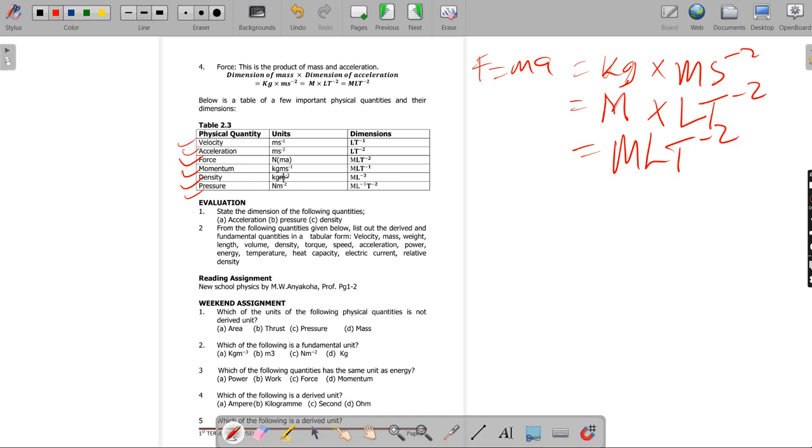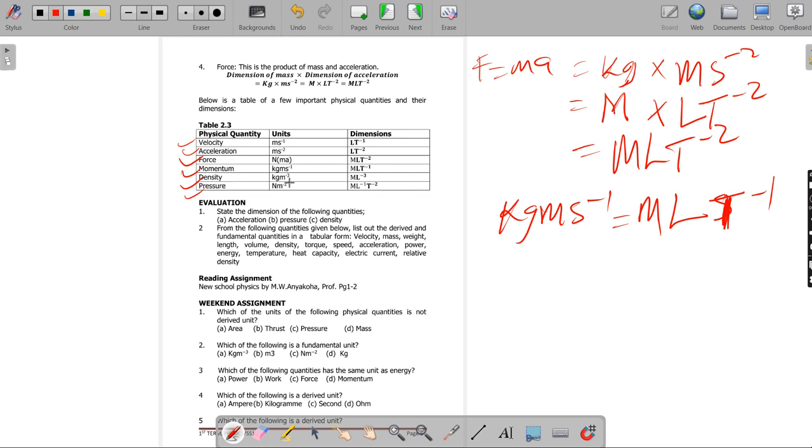Okay, we have momentum, kilogram meter per second. Now, if you have kg meter per second, I think you can find out the dimension, right? Because kg here will give you M, and then meter here will give you L per second. Okay, this will be T minus 1. And you see, that's what we have here.